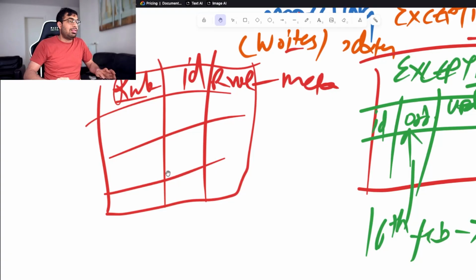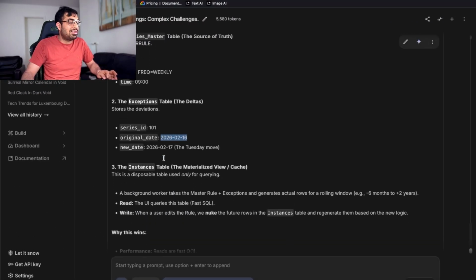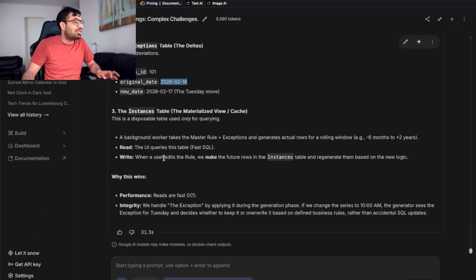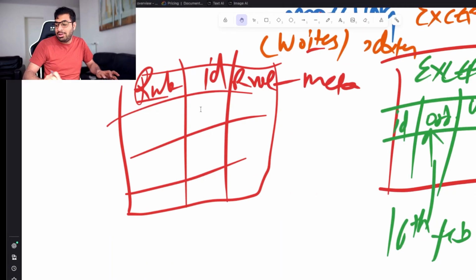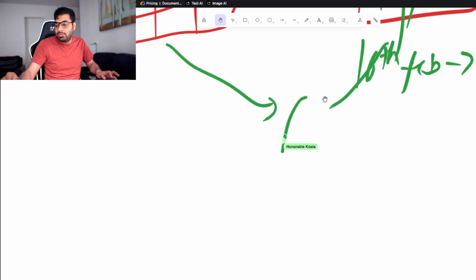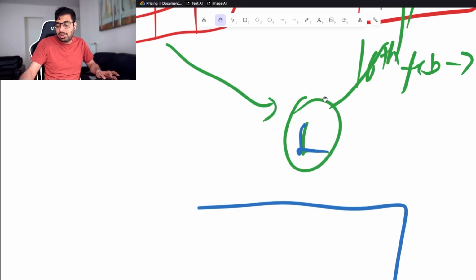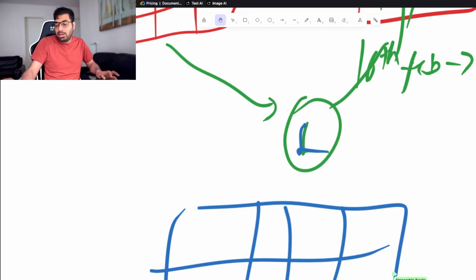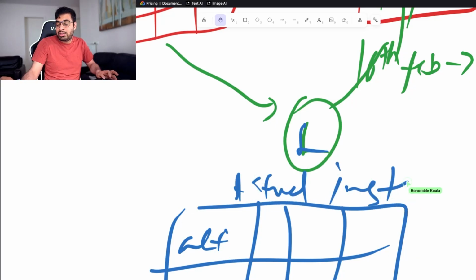And then the main piece is this third table that we are seeing over here, the instances table, in which there is a job that is reading from both of these two tables on a scheduled basis and creating a new table which has the actual instances that are happening.